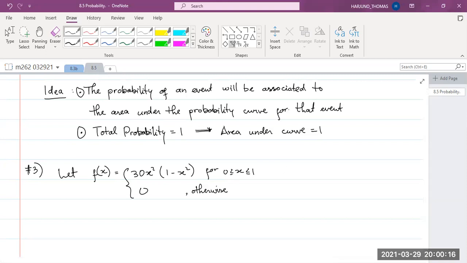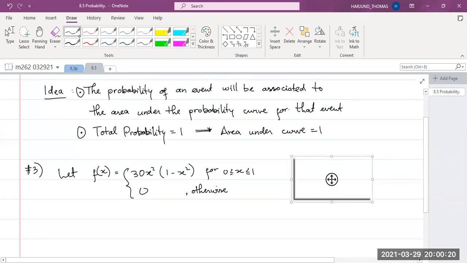So the function in this case is set this way. I don't know what the graph of that function is supposed to look like, but I assume it will look like this. And the function is 0 everywhere else. Okay, so this is what the function looks like.